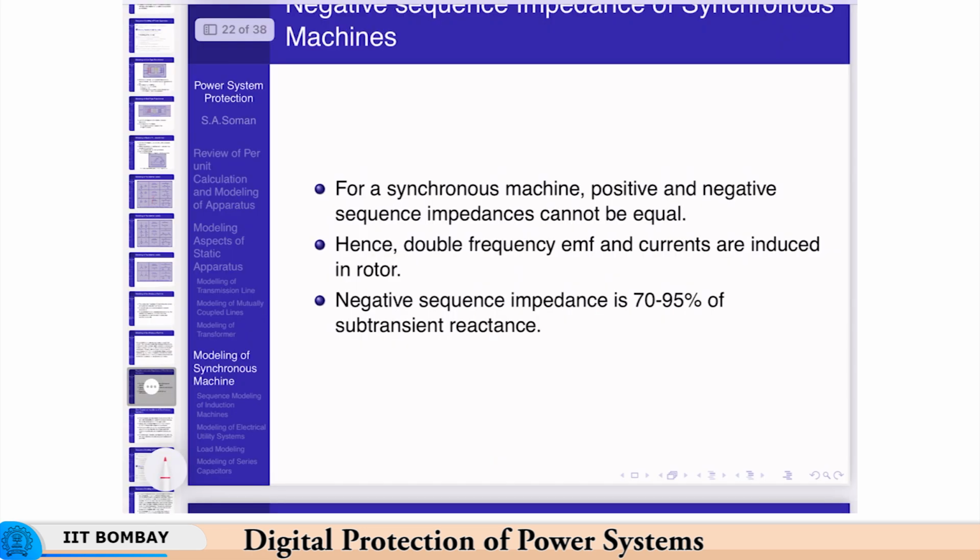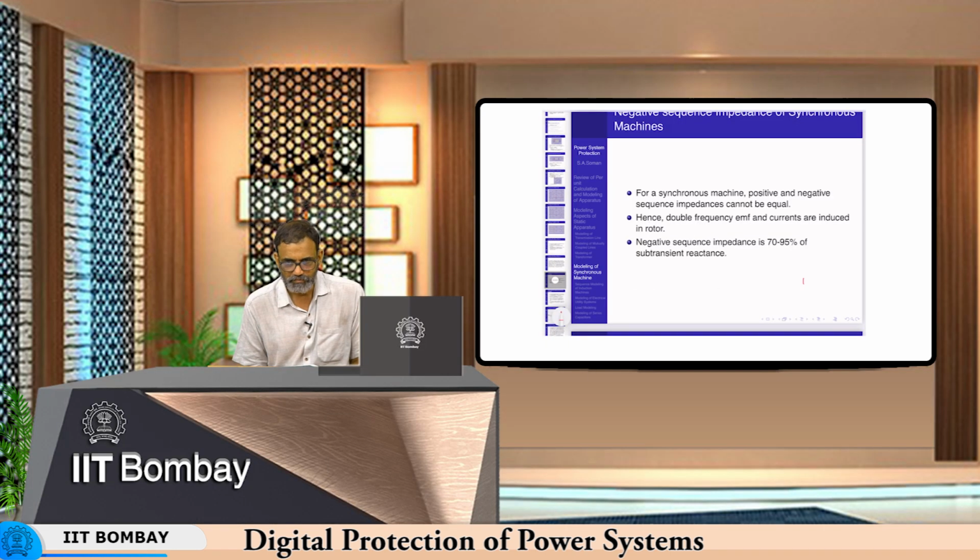Okay. So, now what about negative sequence? Now, if you can imagine, if you excite the stator of a synchronous machine with a negative sequence supply, you will get a rotating magnetic field which rotates in the opposite direction to that of the positive sequence, which is the conventional rotating magnetic field that we consider.